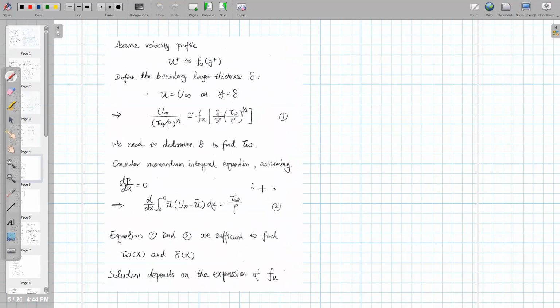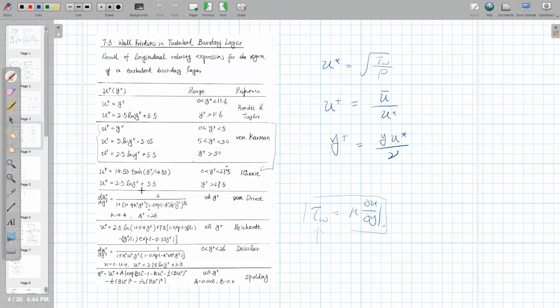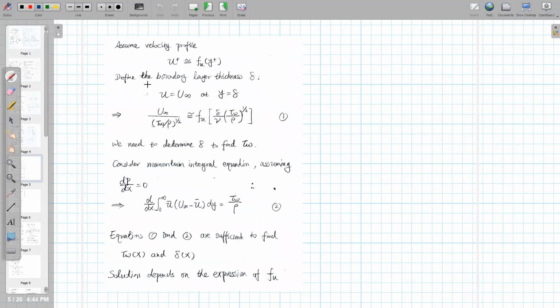Assume that we have a velocity profile u plus equal to f_u, a velocity function, of y plus. This f_u can be any of them. And assume we have a boundary layer thickness delta. At y equal to delta, u becomes u infinity.